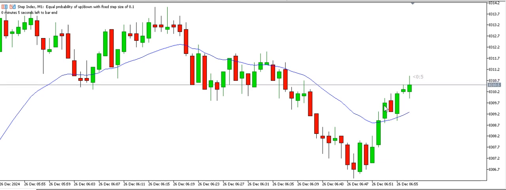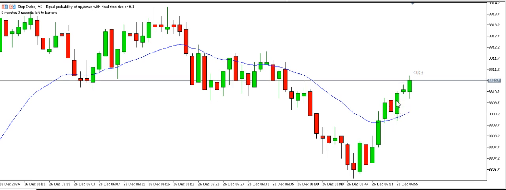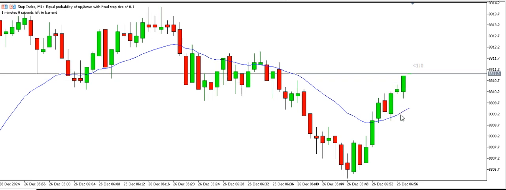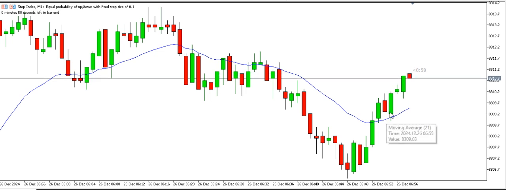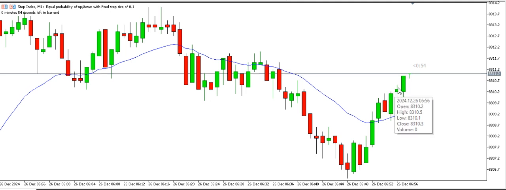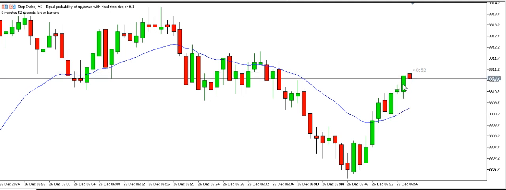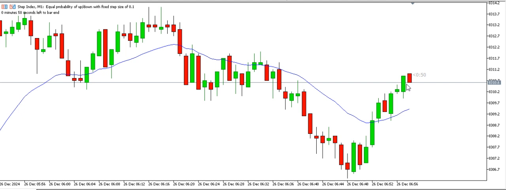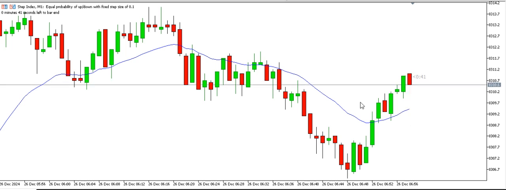I'm talking about the green candles. And on the 1 minute time frame, this is also not clear. It's testing or touching the 21 EMA. But this is clear, and this is another clear one, another clear candle. Now I will expect another one somewhere around here for me to enter a trade.